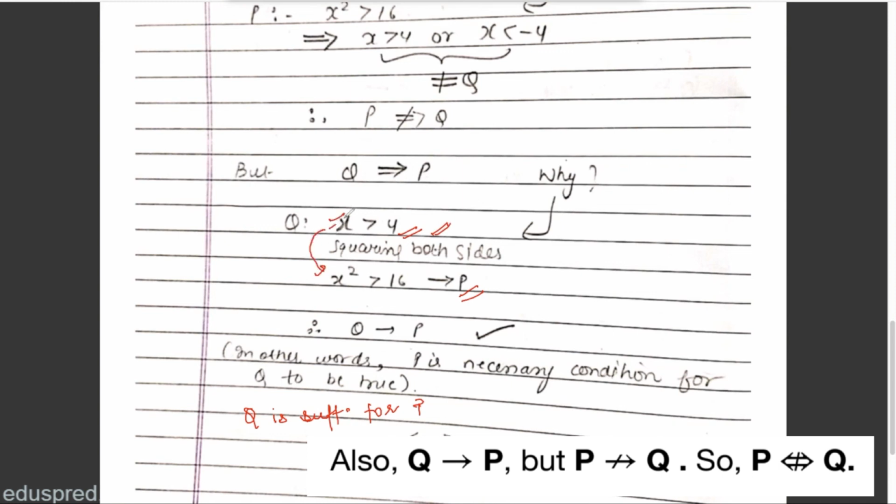So this guarantees this. So Q is a sufficient condition for P, or P is a necessary condition for Q.